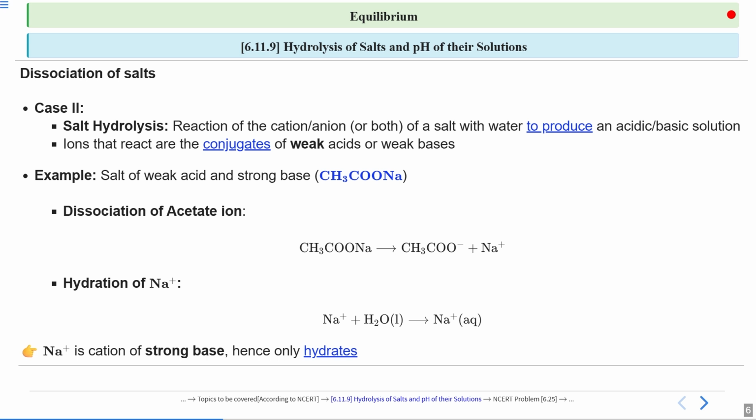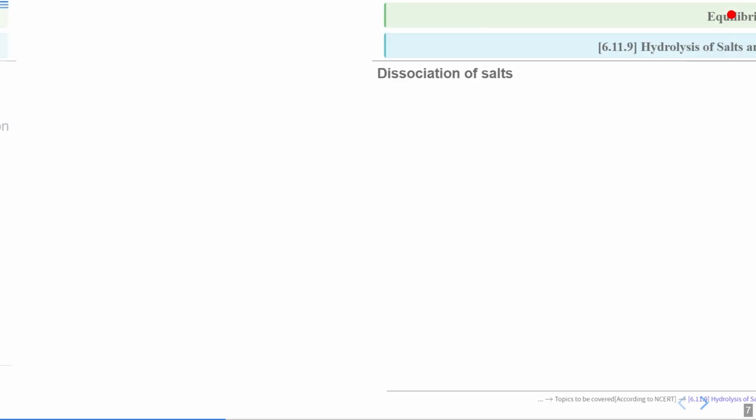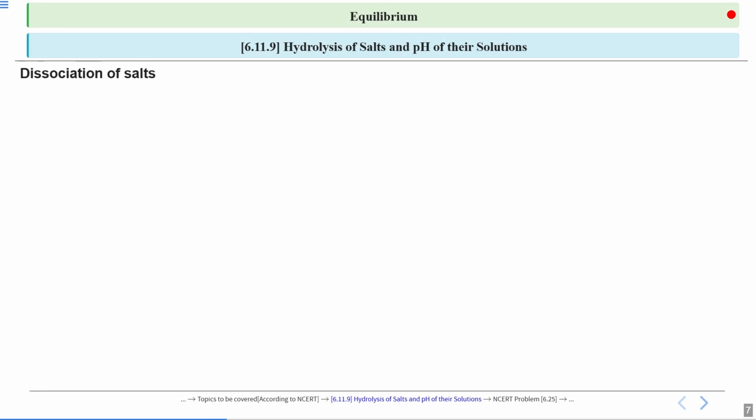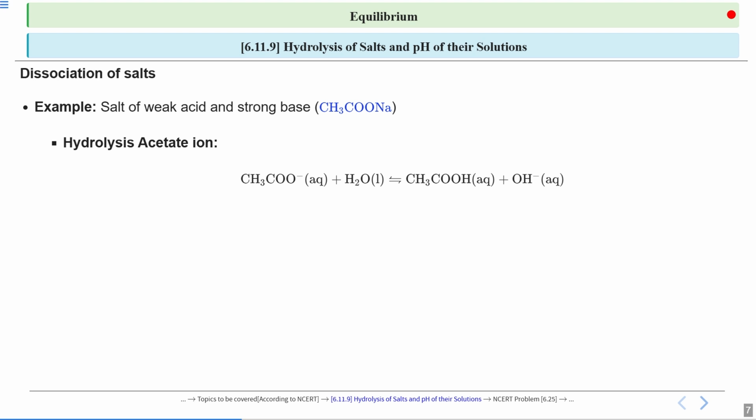Now what will happen to the acetate ion? Because in the dissociation, we are also getting the acetate ion. To consider this, we will see what is occurring. First of all, of course, your acetate ion will also get hydrated in the first part. But it will not remain in that state.